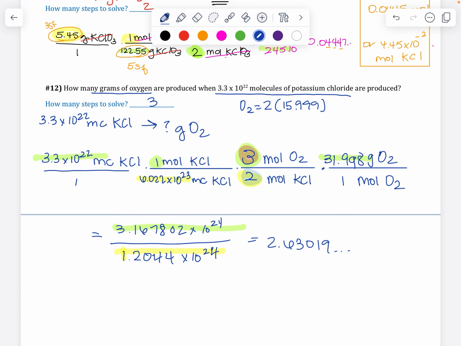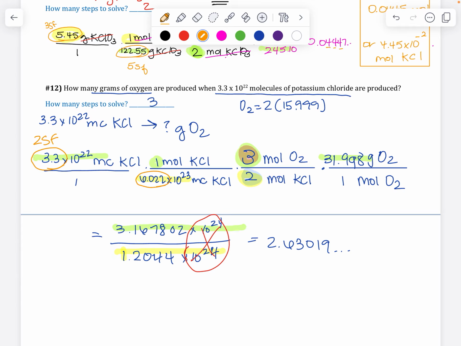A good check to make sure I did this in my calculator correctly: these both have a times 10 to the 24th, so those should cancel, giving me an answer that is not in scientific notation. But let's go back up to our original work to look at sig figs. 3.3 is 2 sig figs.